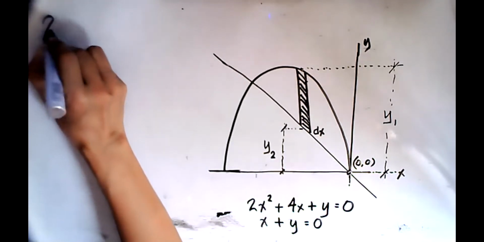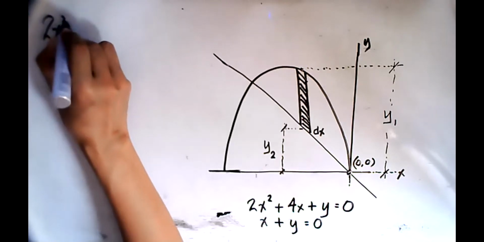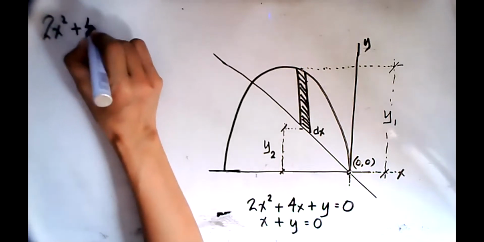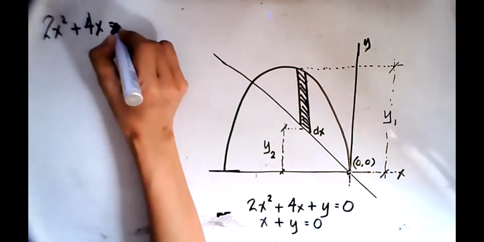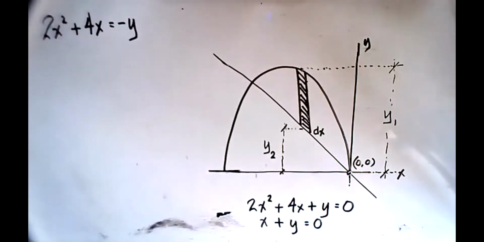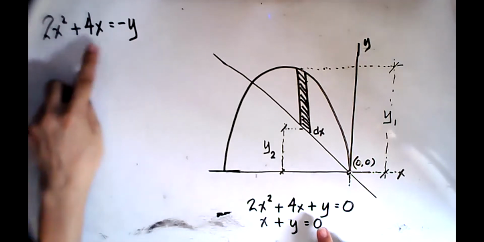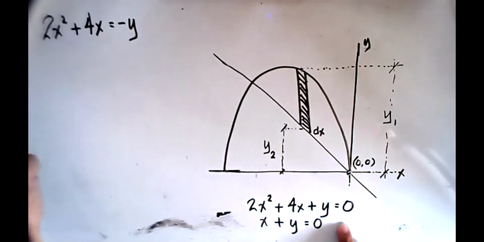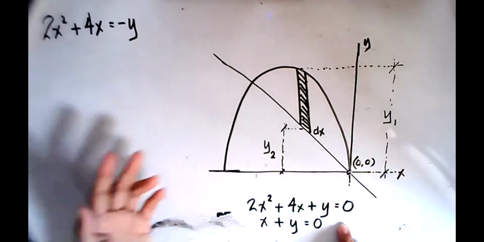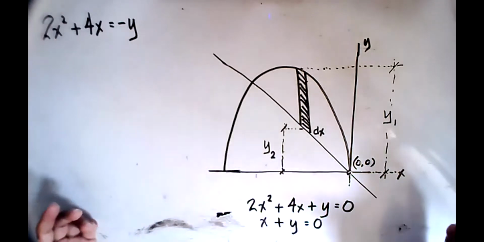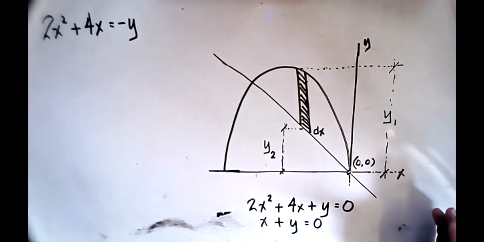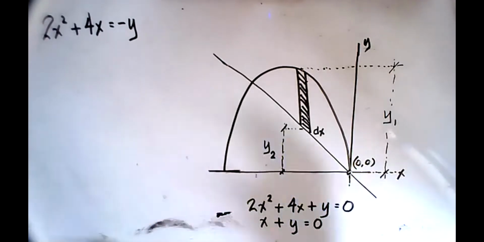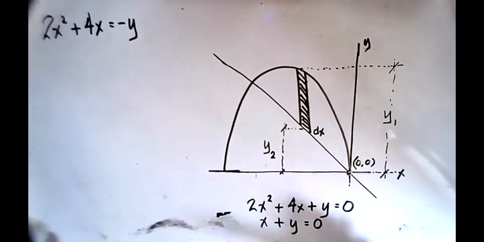You have 2x squared plus 4x is equal to negative y. What we did was express x in terms of y. In other words, we transpose y to the other side of the equation so that all the terms with the x variable are on the left side, and all the terms with the y variable are on the other side of the equation.